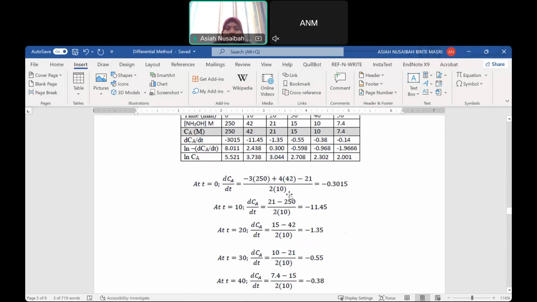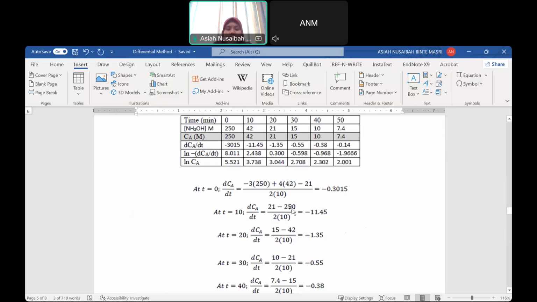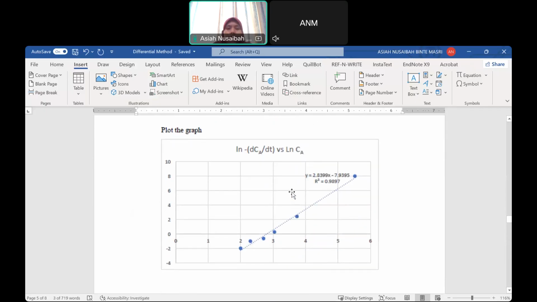Then next step, what do we do? We have to plot the graph of ln minus dCA over dt versus ln CA. You can calculate ln CA based on the CA value here, and you can get ln minus dCA over dt from the value of dCA over dt here. Then we plot the graph. Your y-axis is ln minus dCA over dt, and your x-axis is ln CA.